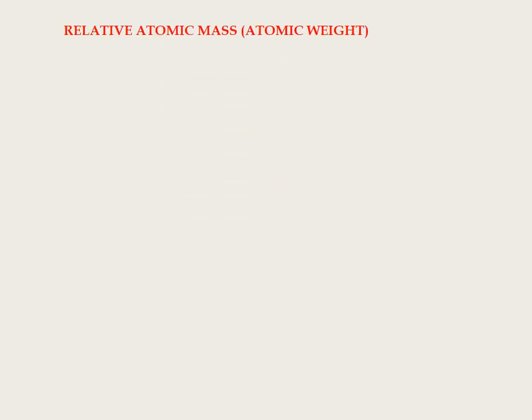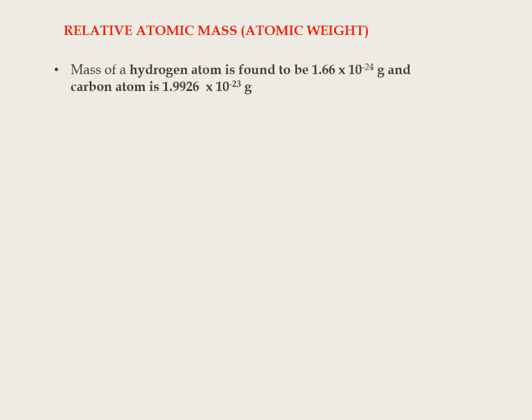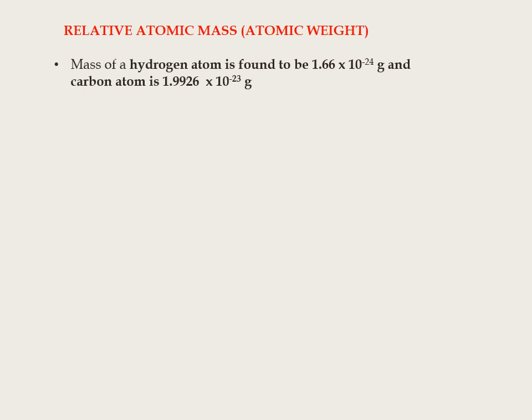Relative atomic mass or atomic weight. Atoms being extremely small cannot be seen or weighed directly, but indirect methods of physics have enabled us to know the absolute mass of nearly all kinds of atoms. The mass of hydrogen atom is found to be 1.66 into 10 to the power of minus 24 grams, while that of carbon atom is 1.9926 into 10 to the power of minus 23 grams.